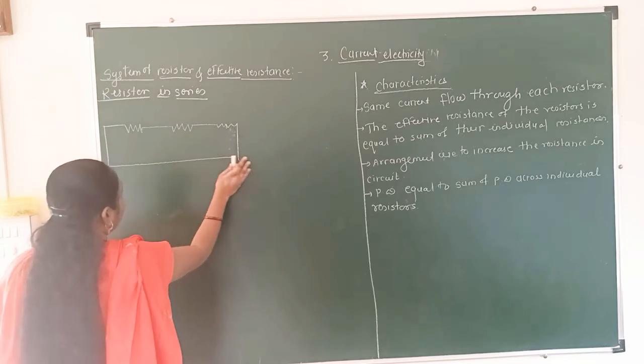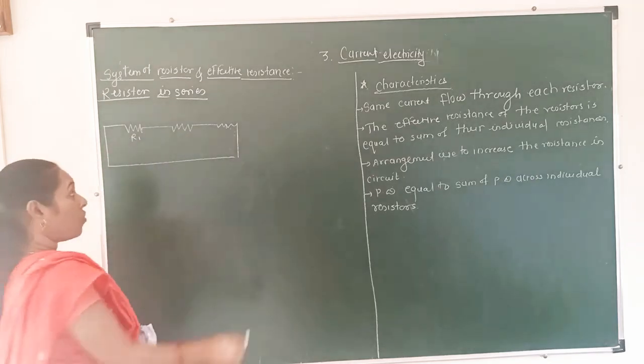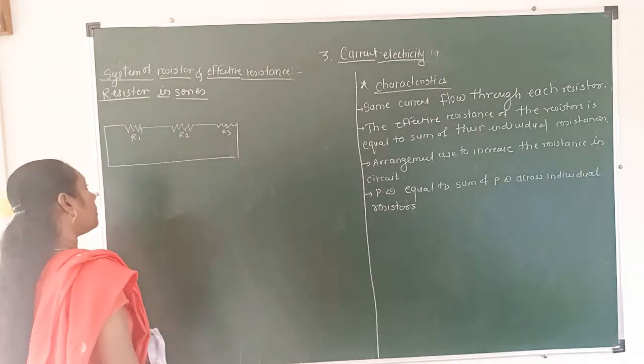Okay, this is the circuit diagram. This is R1, the first resistor, this is R2, the second resistor, and this is R3, the third resistor.